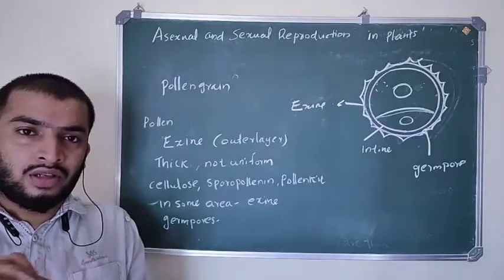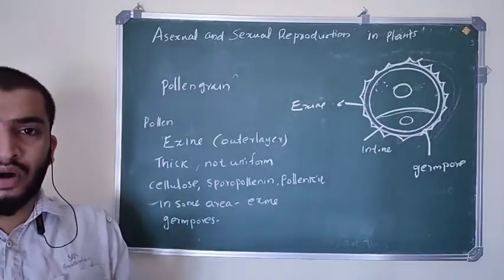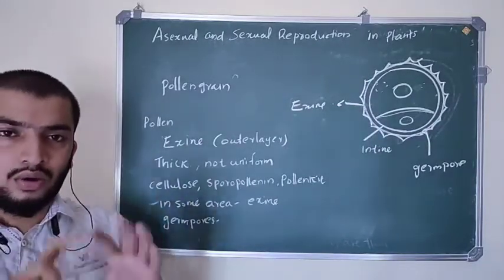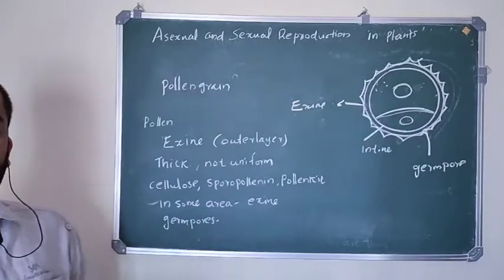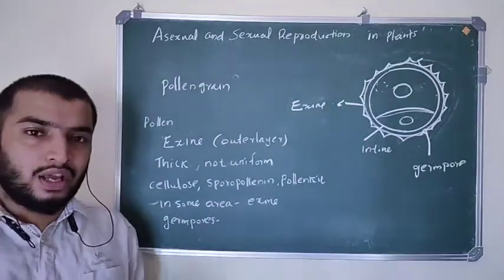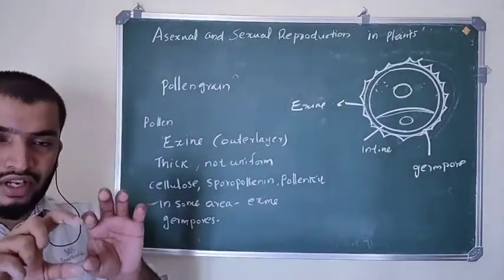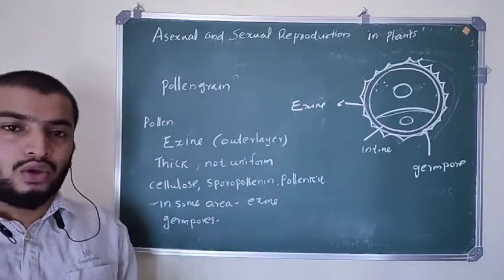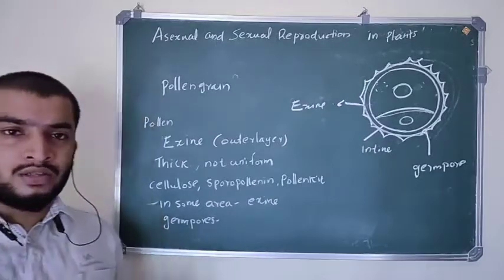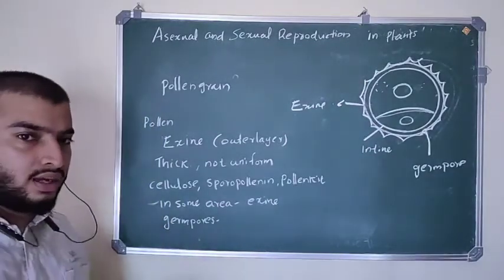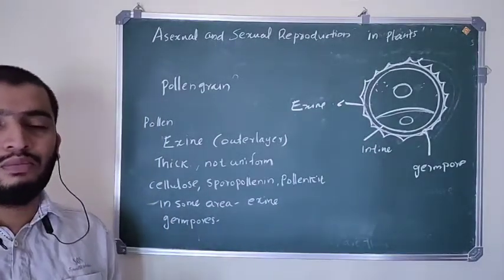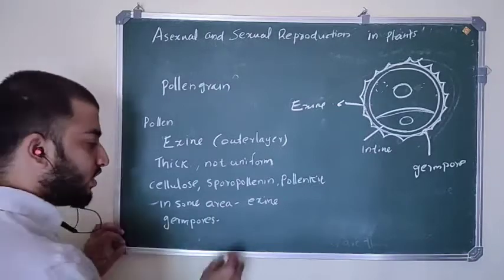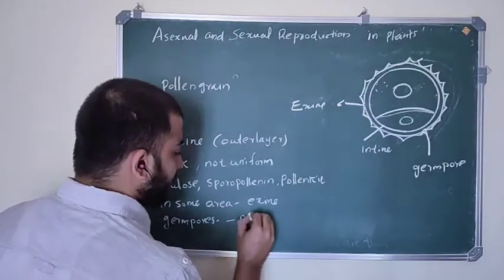On the thin area of the exine, a small round opening is formed, and that is called a germ pore. If this thin area is elongated, it is called a furrow. These germ pores, the openings present on the exine, help in pollen germination.